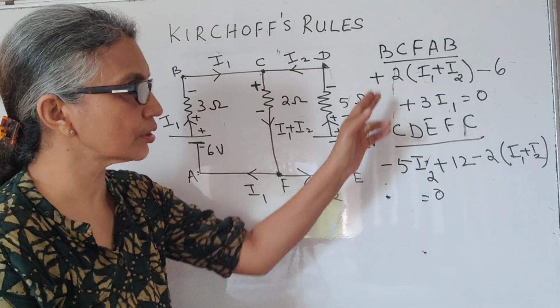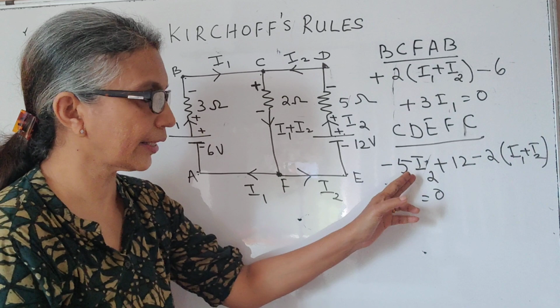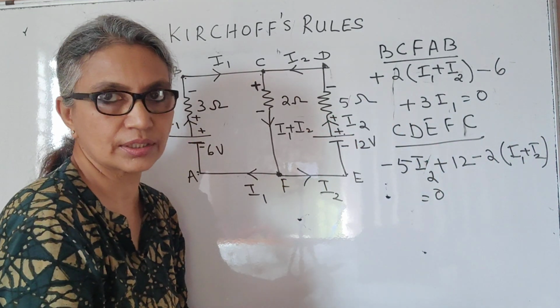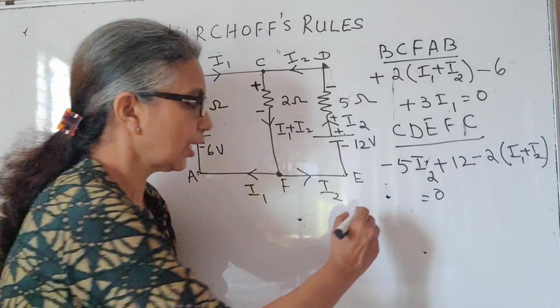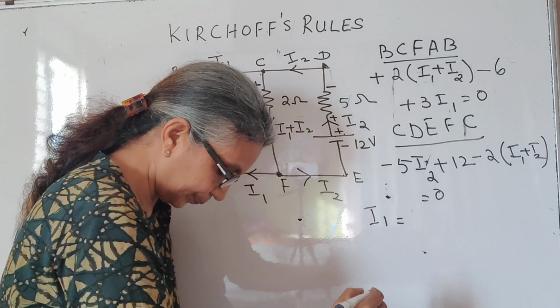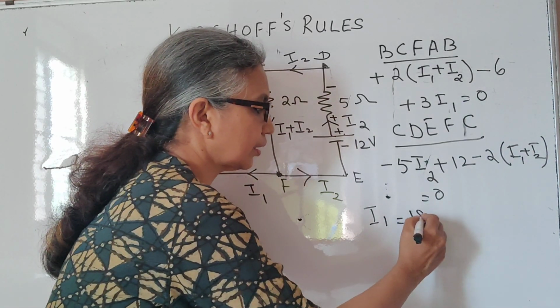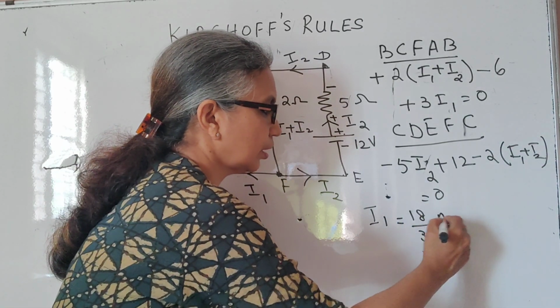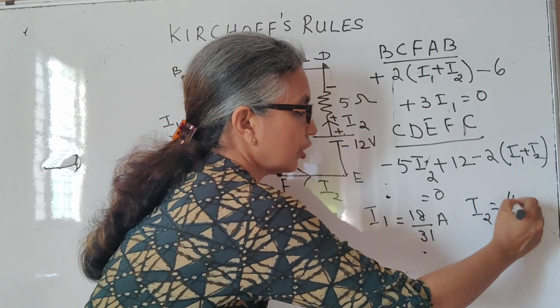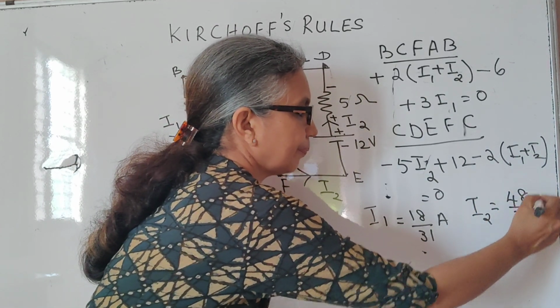So now what you can do is open the bracket here and then solve the two equations, which you've done in class 10, and then you should be getting I1 as 18 by 31 ampere and I2 as 48 by 31 ampere.